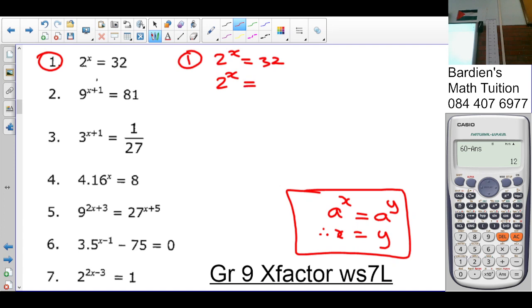So 2 to the x equal to 2 to the 5. Therefore, x equal to? Nice.